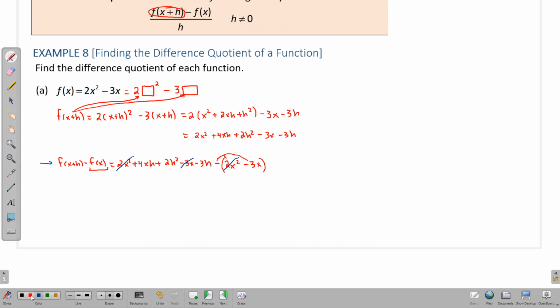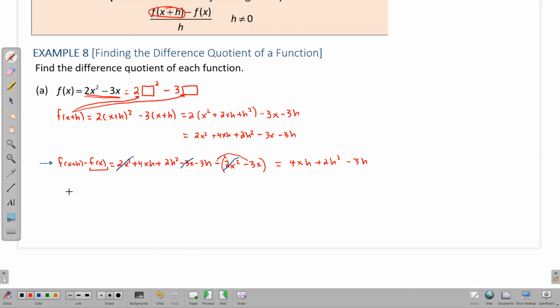What we're left with is 4xh plus 2h squared minus 3h. Notice every term that's left has an h on it. For polynomials, that's always going to happen.